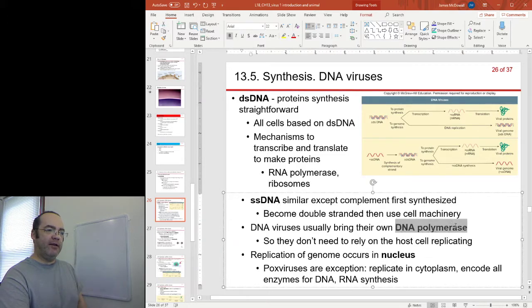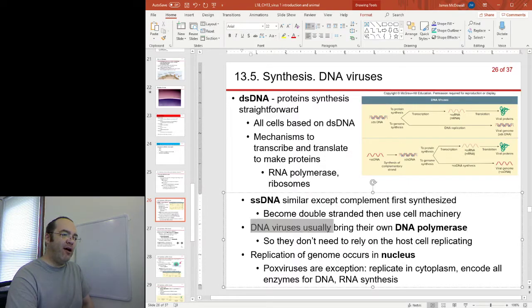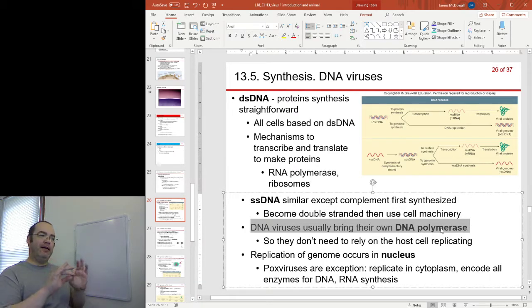We'll look down here at the enzyme that is responsible for copying DNA, which is DNA polymerase. DNA viruses often bring their own, because a cell isn't actively replicating a lot of the time.